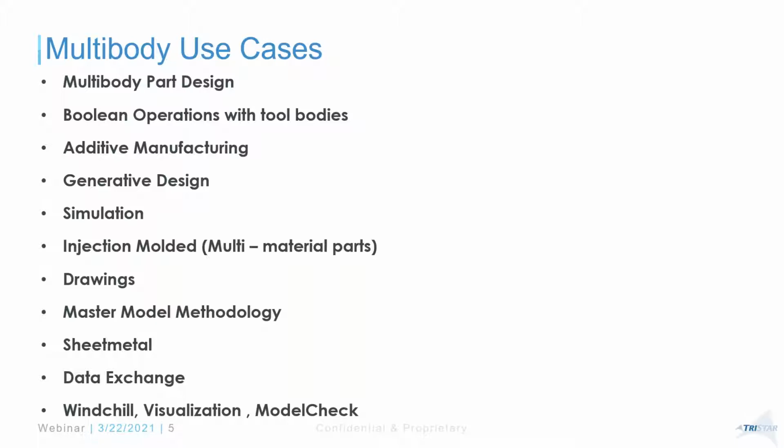And then for additive manufacturing, you may want to have different bodies having their own build profiles and build processors. Or how would you create your lattice structure instead of a specific geometry? You could assign that to a body. In generative design, it's very useful, wherein you're able to specify your overall envelope that the system needs to work with for its topology or generative optimization.